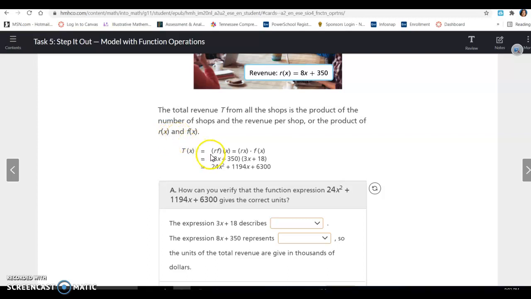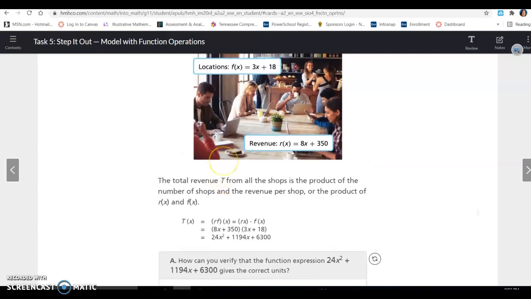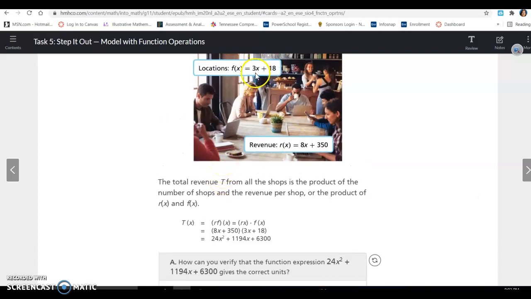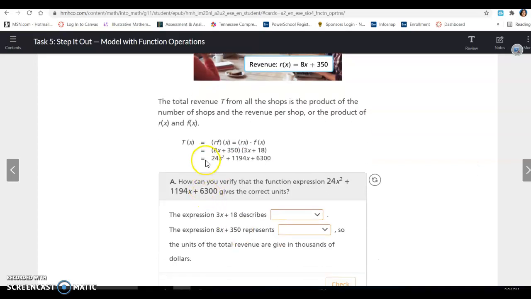All right, so if we take the r of x and the f of x from the image here, we've got 3x plus 18 and 8x plus 350. The order doesn't matter, but they've multiplied these together and got this expression here. All right, so this is our t of x.